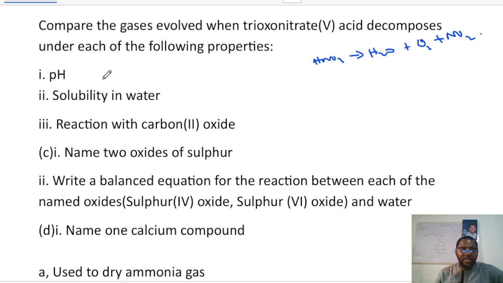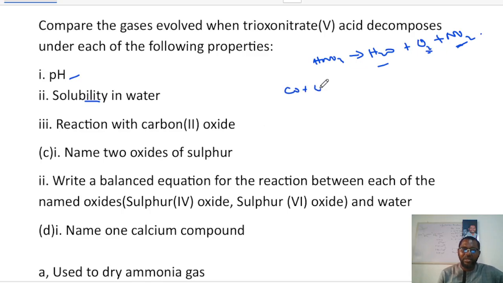So in the case of pH, water is neutral, oxygen is neutral, NO2 is acidic, so it has a lower pH, less than 7. Solubility in water: of course water is water, NO2 is soluble in water, but O2 is sparingly soluble in water. Reaction with carbon 2 oxide: oxygen can of course react with carbon 2 oxide.